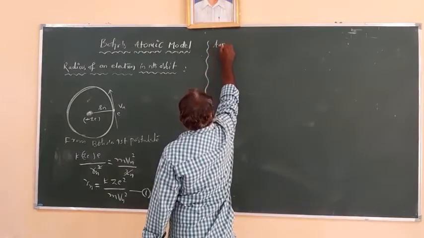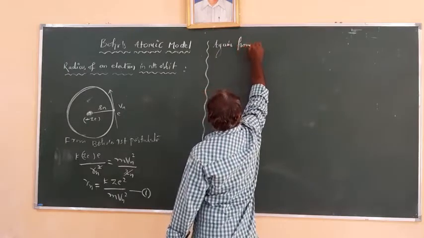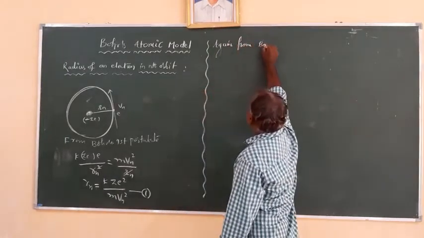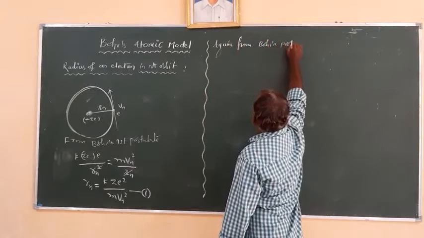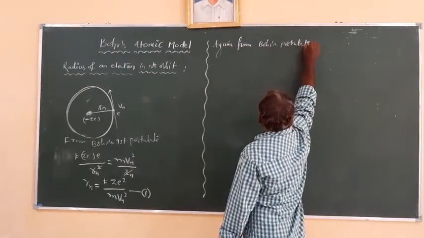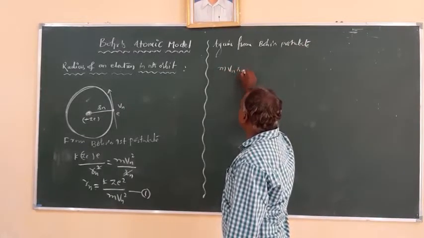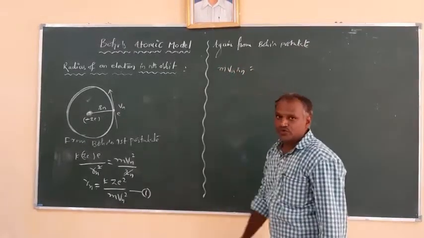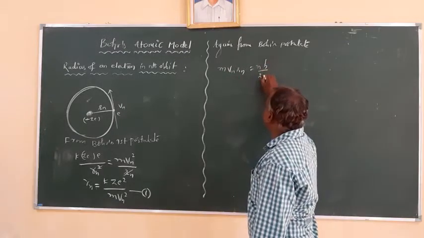Again, use Bohr's second postulate, that is, the angular momentum m Vn Rn is equal to nh upon 2 pi.